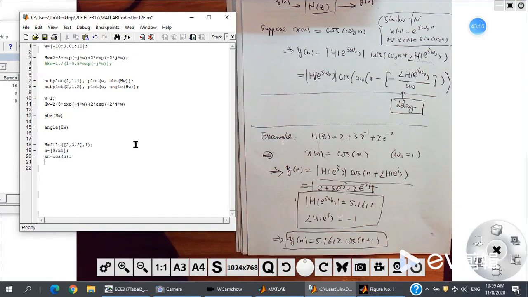Then I run yn, which is a linear simulation. The system is h, and the input is xn, with times n. Am I good? Yeah, let's just run it.